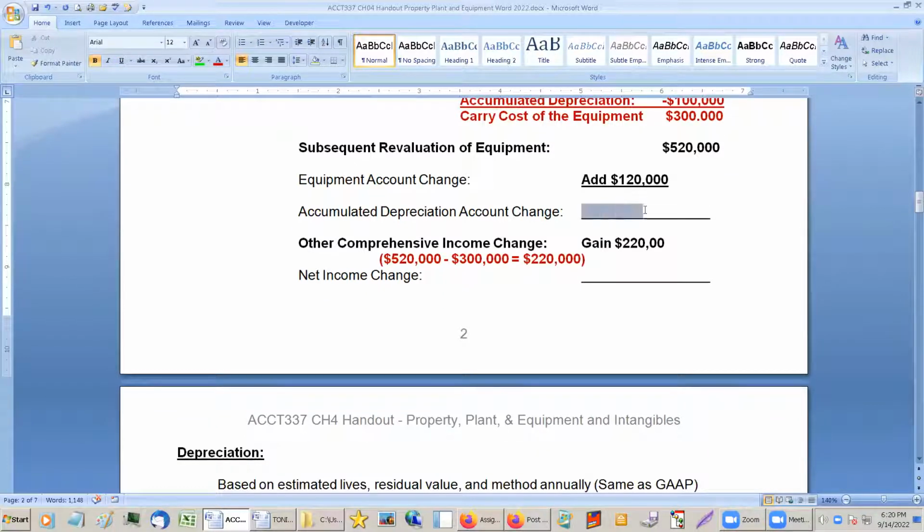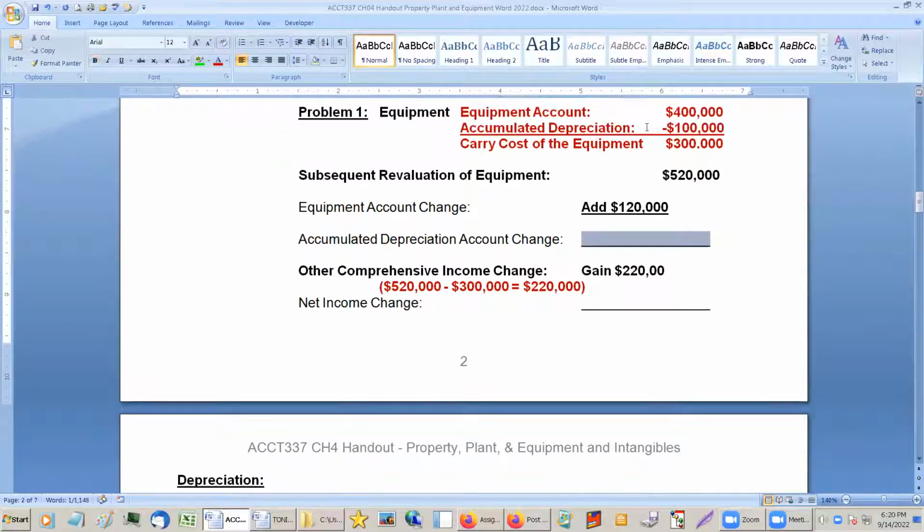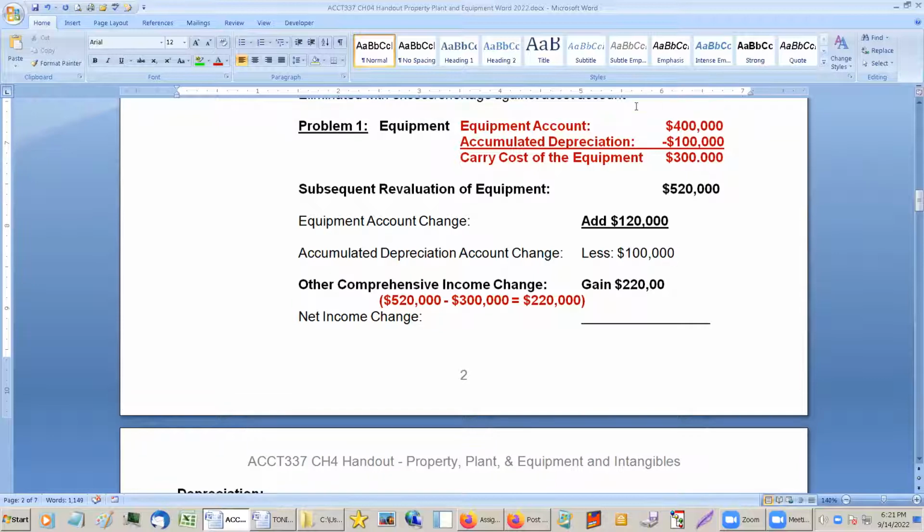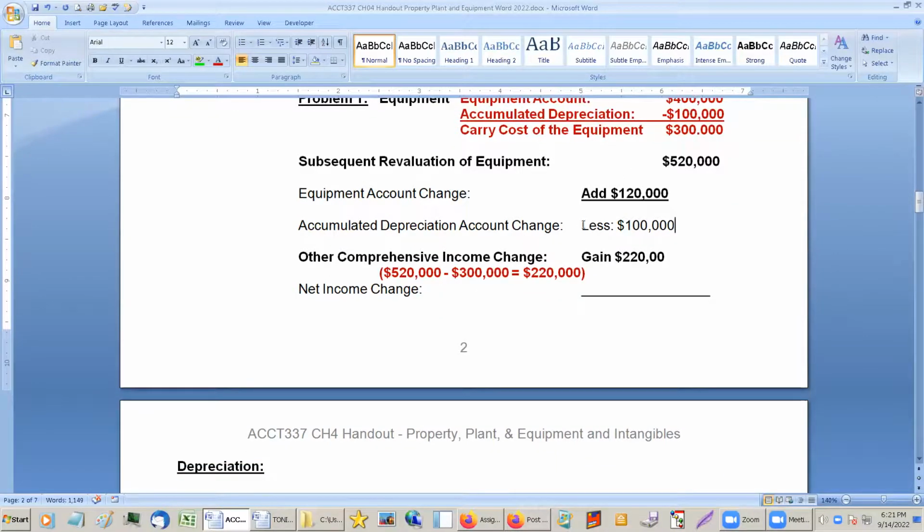And the accumulated depreciation, we're going to take that away. So we're going to take away that accumulated depreciation.